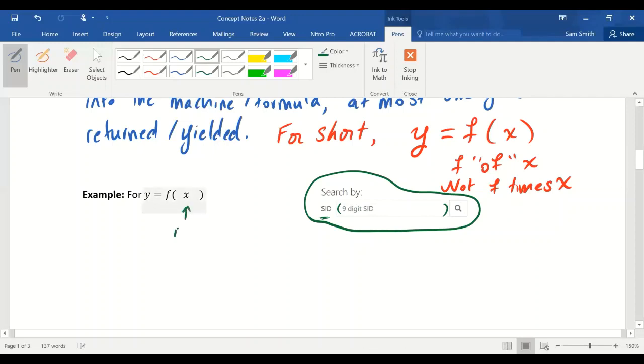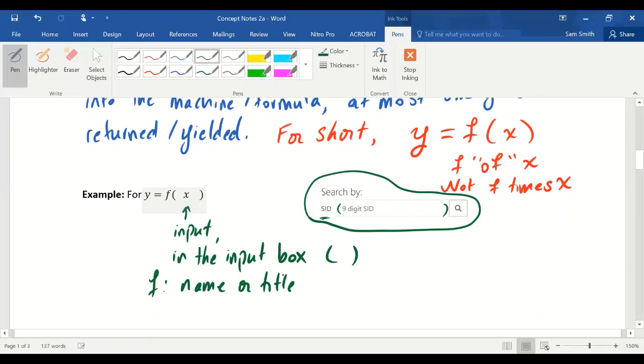x is the input. This is what you're putting into the computer in the input box, represented by the parenthesis. f is just the name or title of the function.